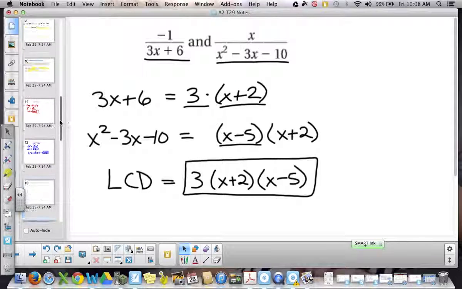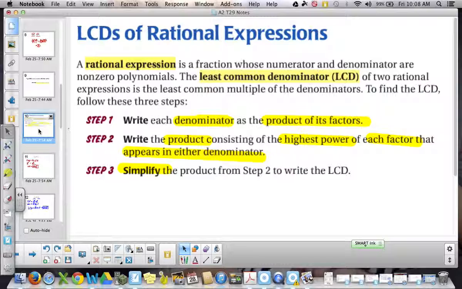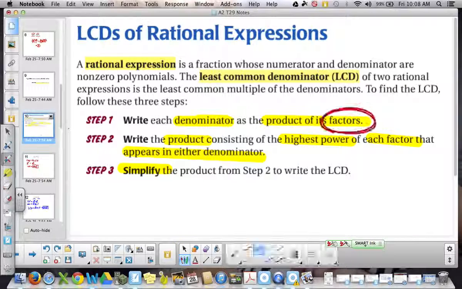So again, the step-by-step process for finding LCDs of rational expressions. Write each denominator in factored form, so you've got to write the factors of each denominator.